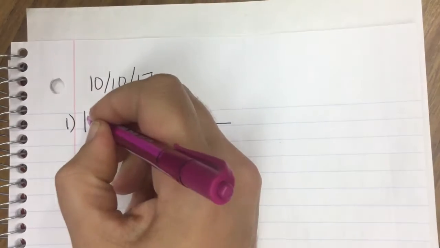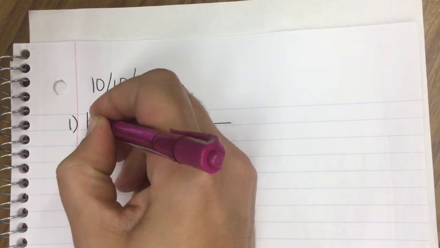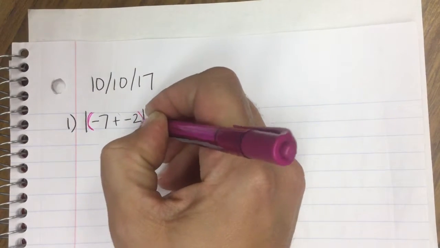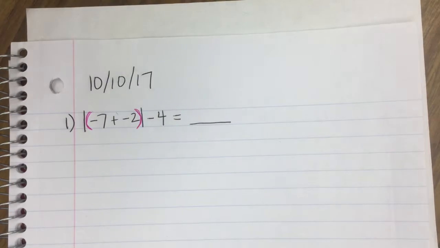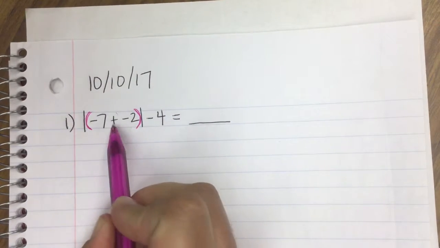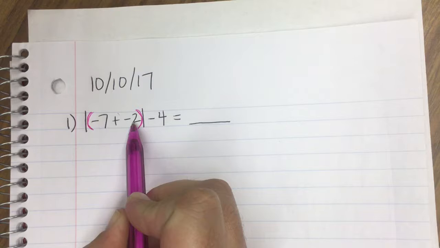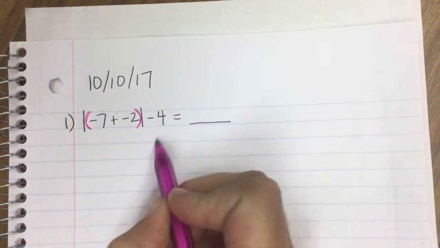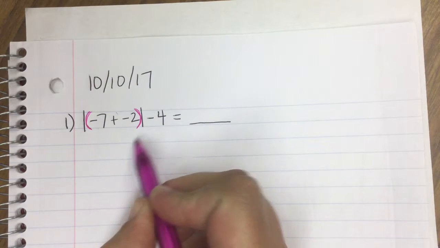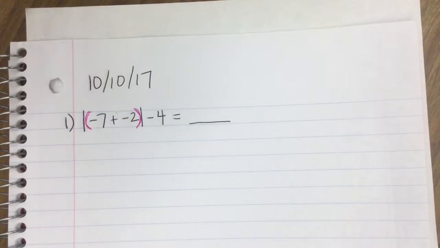We talked briefly yesterday about the fact that absolute value bars operate very much like the parentheses part of PEMDAS. So if we know we have to do parentheses first, they're actually located somewhat inside of the bars. So we've got to solve -7 plus -2, and then we can do the rest of the absolute value work and get to this -4.